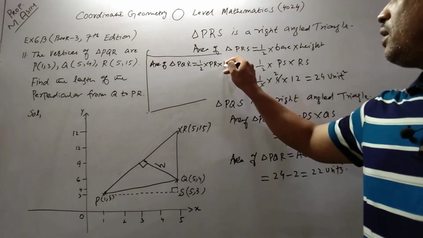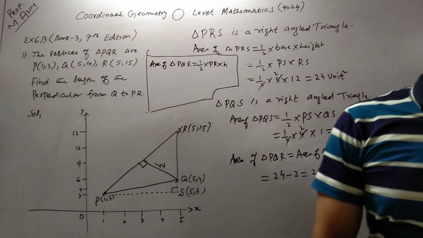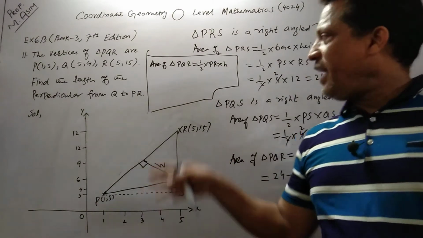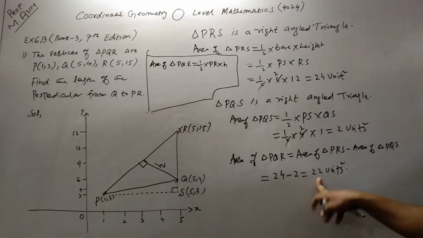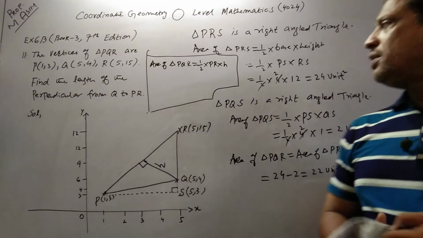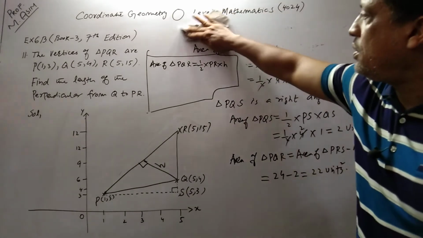Height represents the perpendicular distance. Now when we change the base or height, area doesn't change. It means area remains the same, 22. Now see this.